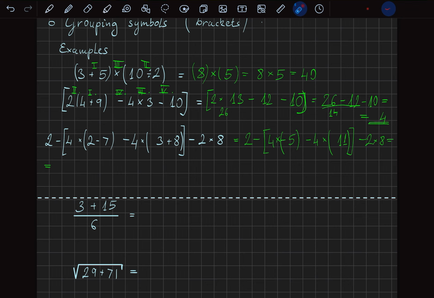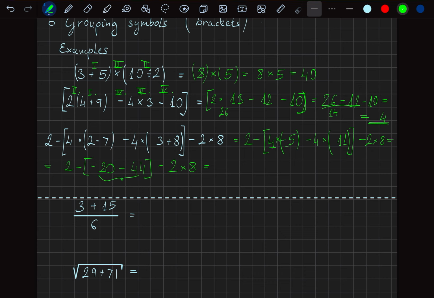So it's like plus minus times plus 11. Okay, so 4 times minus 5, 2 minus 20, minus 4 times 11, it's minus 44, minus 2 times 8 equal.